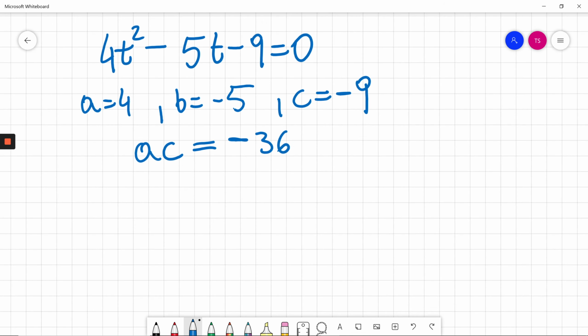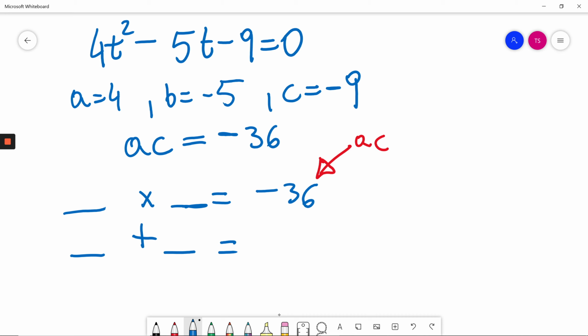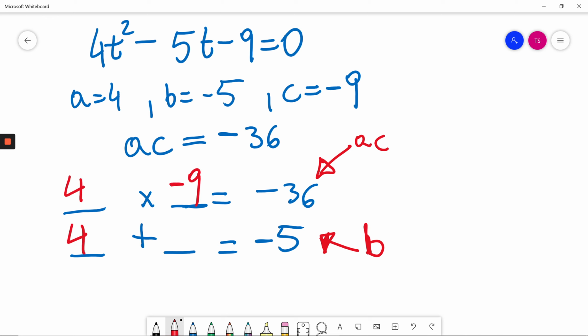So now I'm looking for two numbers. Something times something is equal to negative 36. This is just AC. And something plus something, which is equal to negative 5. And this is just B. So those numbers will be 4 and negative 9: 4 times negative 9 is negative 36, and 4 plus negative 9 is equal to negative 5.